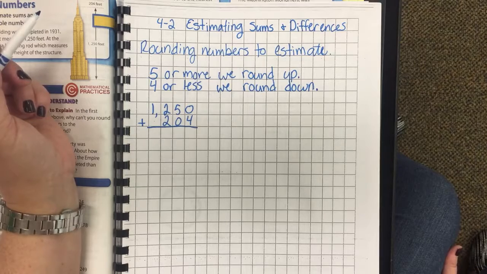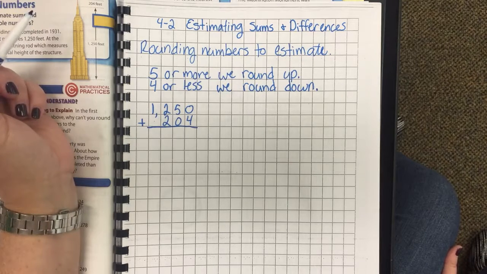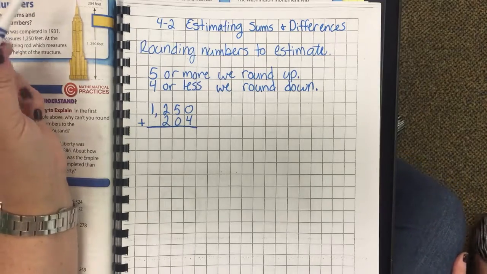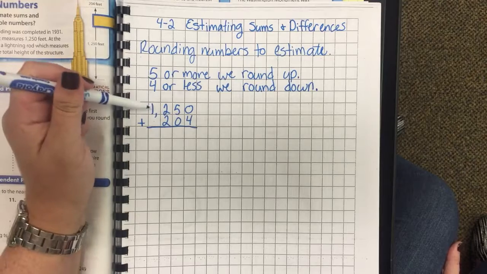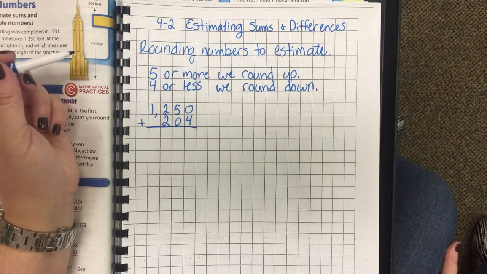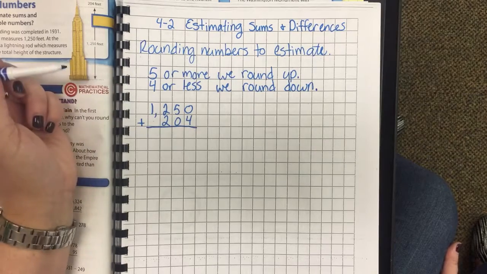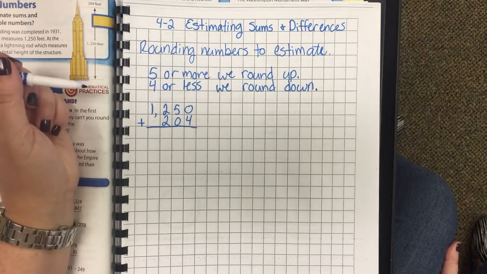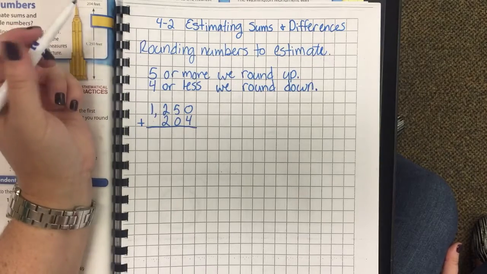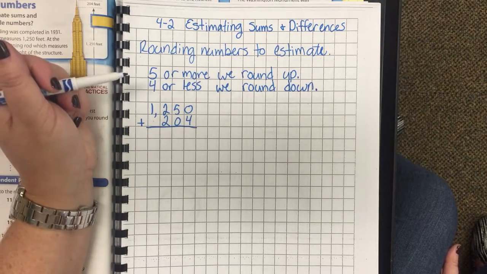Unless it specifically tells me which place I need to round it to, I kind of have to make a guess. It doesn't tell me how I'm supposed to round this. So I need to look carefully. Okay, can I round it to the nearest 1,000? No. The second number doesn't even have a thousands place, so that's impossible. So my options would be to round it to the nearest 100 or to the nearest 10.